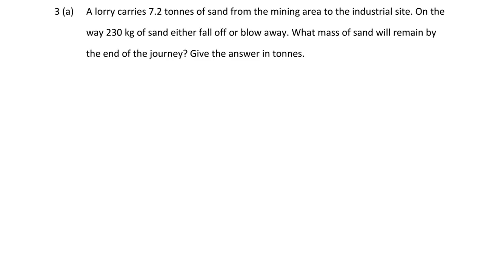Okay, so this is the dimension problem. First, we are going to convert these 230 kilograms into tons by dividing by 1,000. Then we take 230 over 1,000, which after solving gives 0.23 tons.